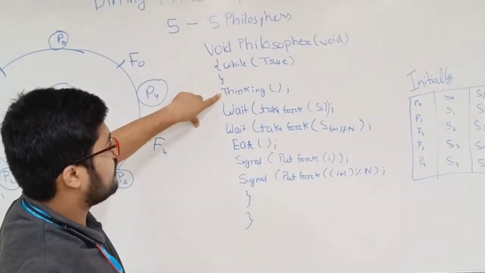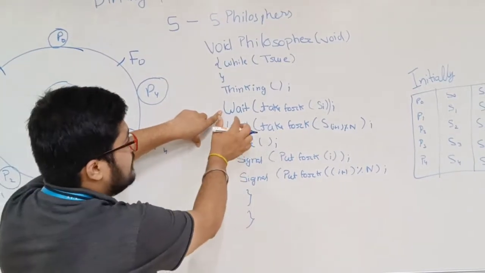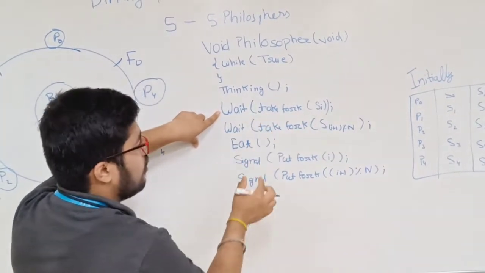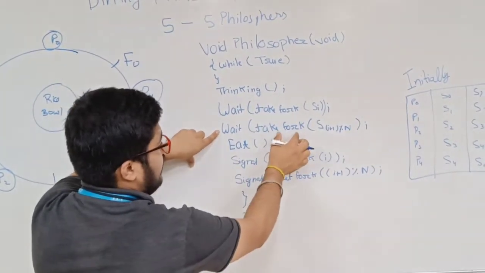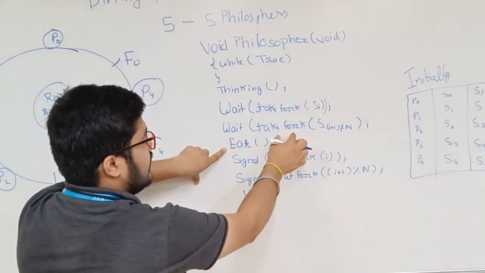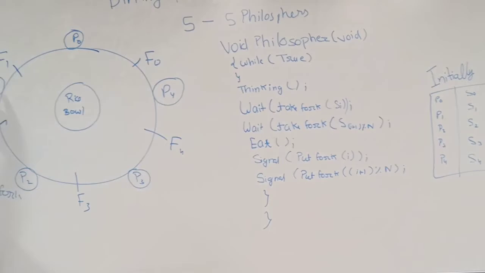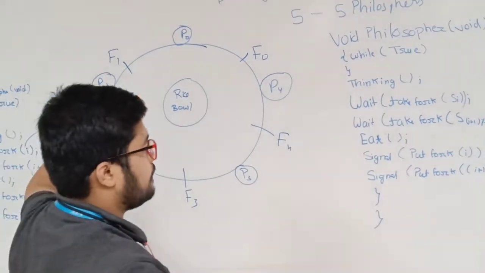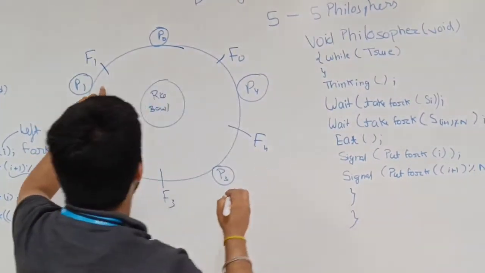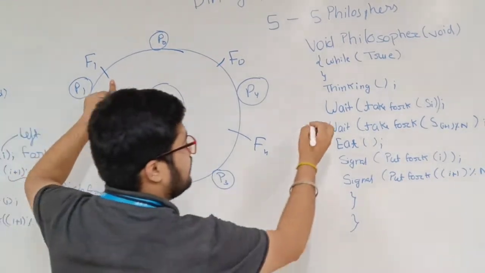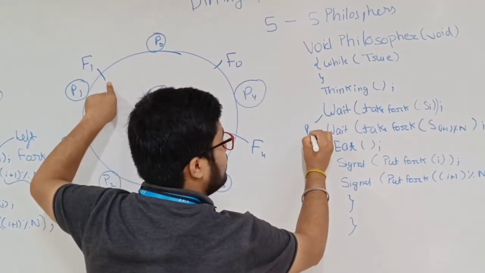First they do the thinking work. Then suppose P0 takes the left fork, then the right fork, and enters the eating section. Now if P1 comes into the picture, then P1 will take the right fork. After this P0 preempts.